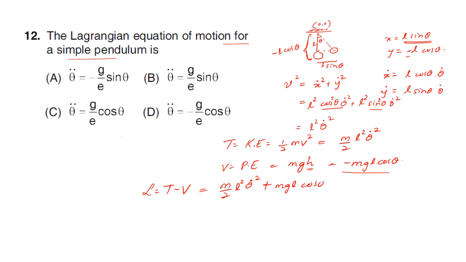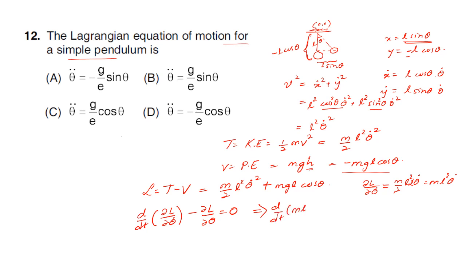m g L cos theta. Then the equation of motion is given by d by dt of dou L by dou theta dot minus dou L by dou theta is equal to 0. Dou L by dou theta dot is m by 2 L square into 2 theta dot; the 2 cancels, giving m L square theta dot. So it is d by dt of m L square theta dot minus dou L by dou theta.